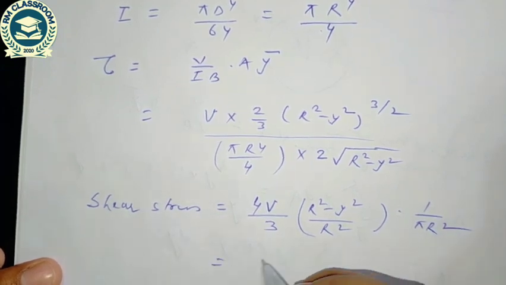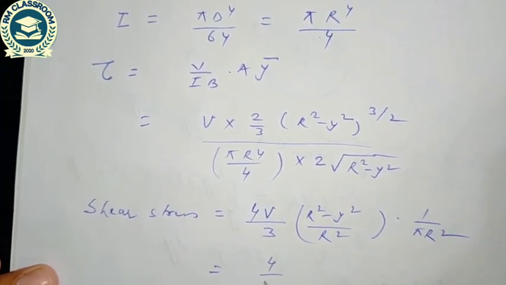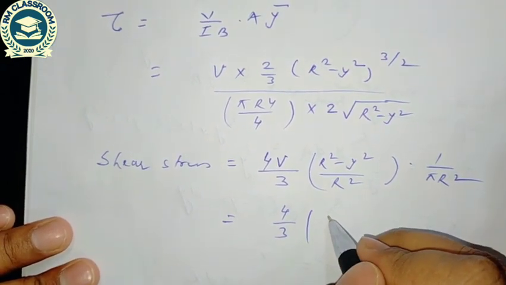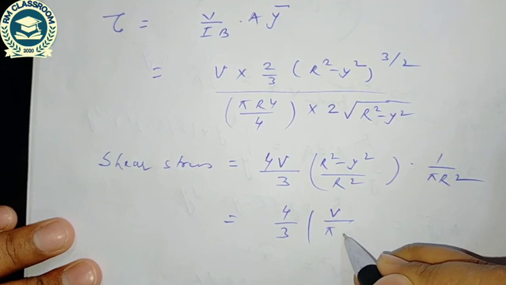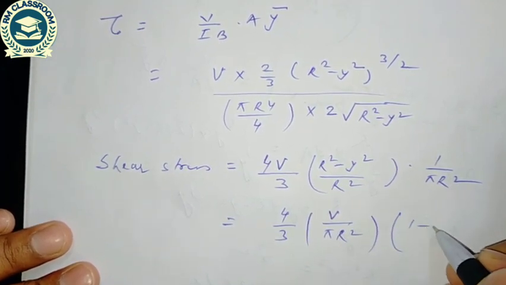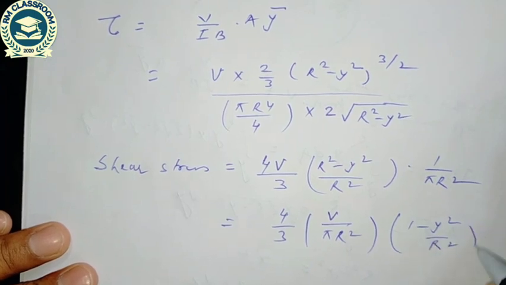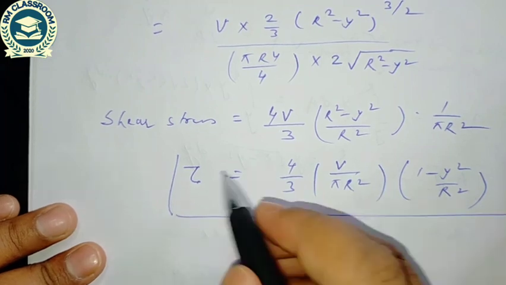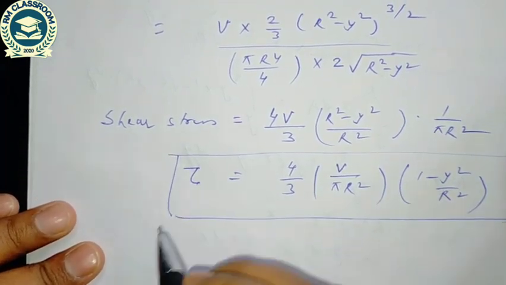So it is coming 4 by 3 V by pi r square into 1 minus y square by r square. So this is the general expression of shear stress at a distance of y from the neutral axis.